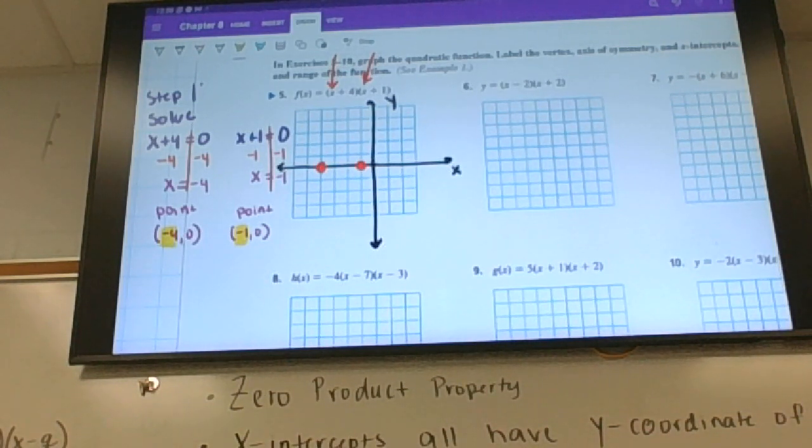Step 2 said use the graph. What were the wordings in step 2? How do you write it down? You got a picture, right? Step 2 said plot each zero on the x-axis.